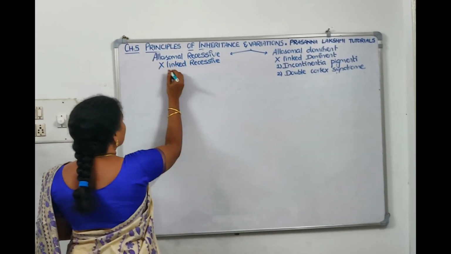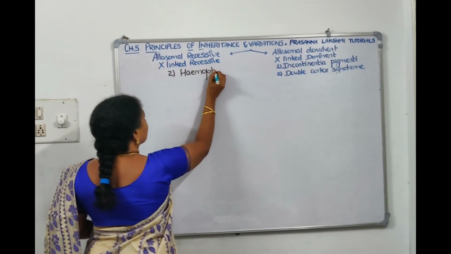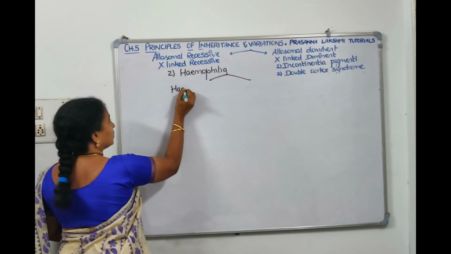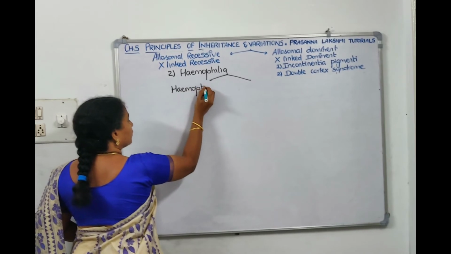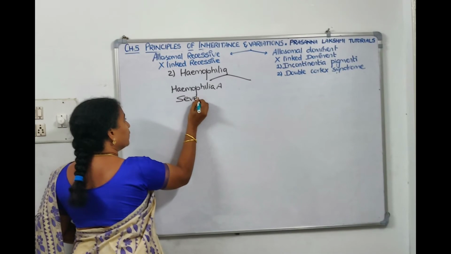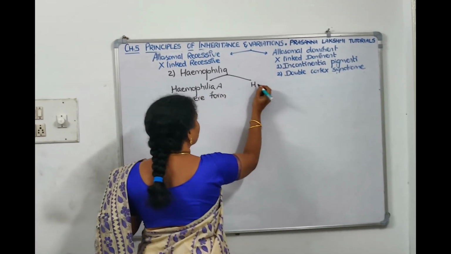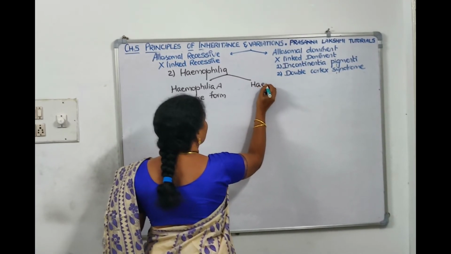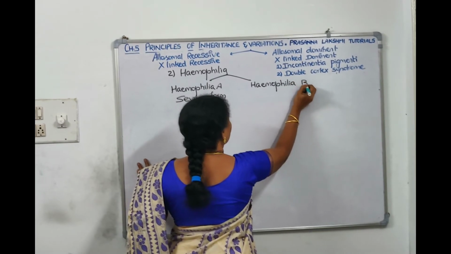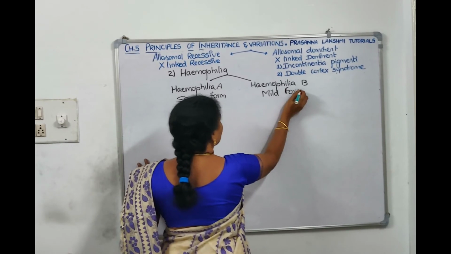The first one, hemophilia A, is the severe type of hemophilia. The second one, hemophilia B, is the mild form.